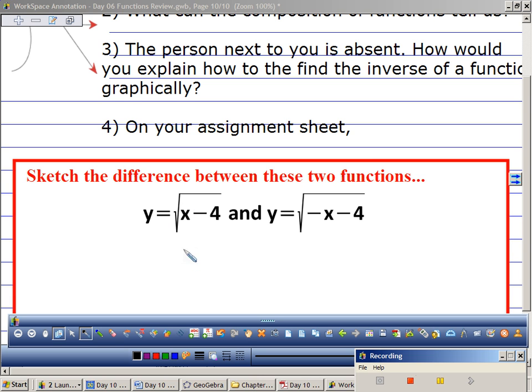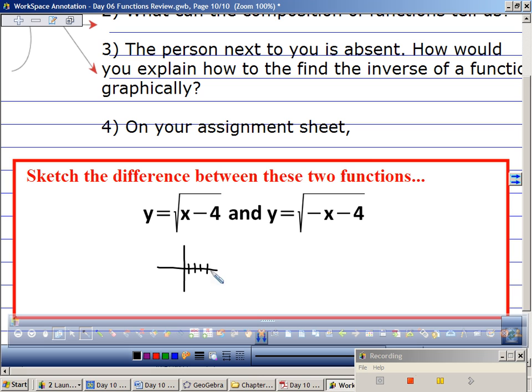What's this one look like? Right, 4, and then it's normal, right? This one, you have to consider the fact that it's a negative. So what really is this? It's frowning, right? Frowning looks like this.